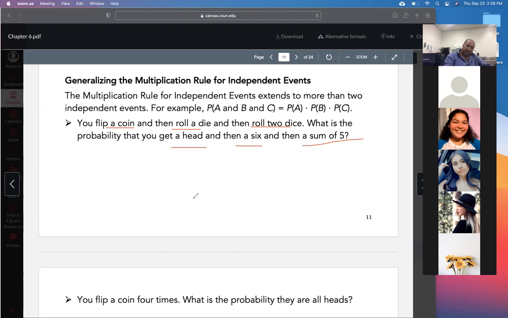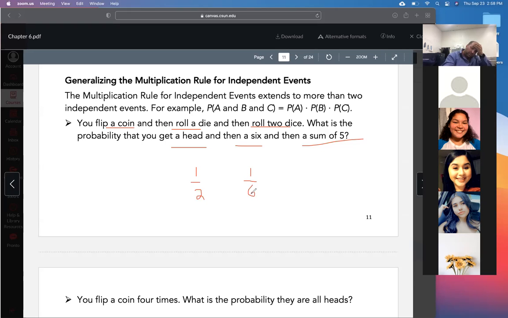No. Fine. Then what's the likelihood of getting heads on the flip of the coin? 1/2. And then getting a 6 if I roll 1 die? 1 out of 6. And then getting a sum of 5 if I roll 2 dice?